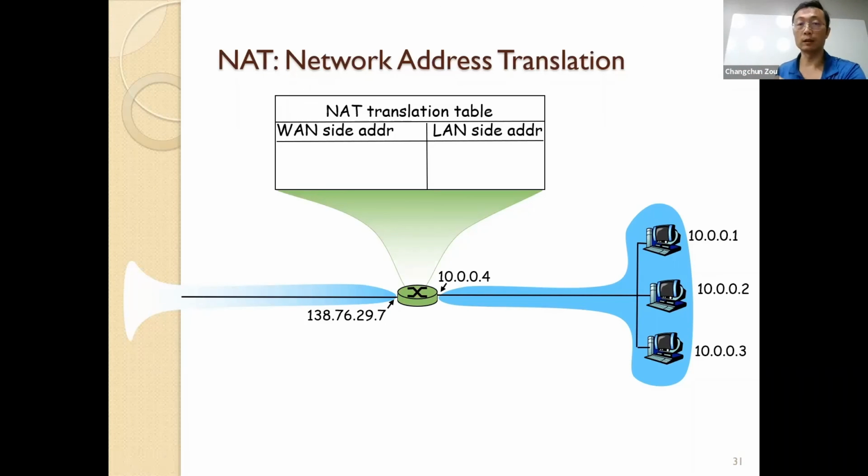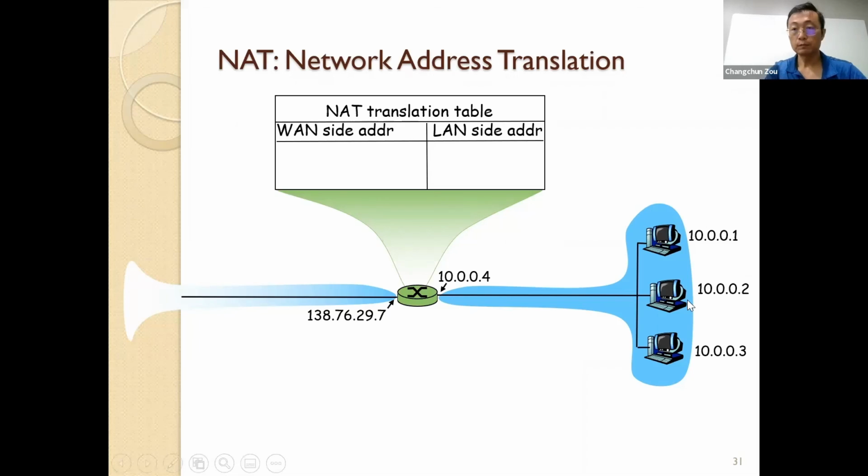Internal computers have private IP addresses, so they cannot be connected to by outside internet computers. Only internal computers can connect out. Your browser can connect to a server on the internet, but the internet server cannot connect to your computer directly, because your computer has a private IP address.